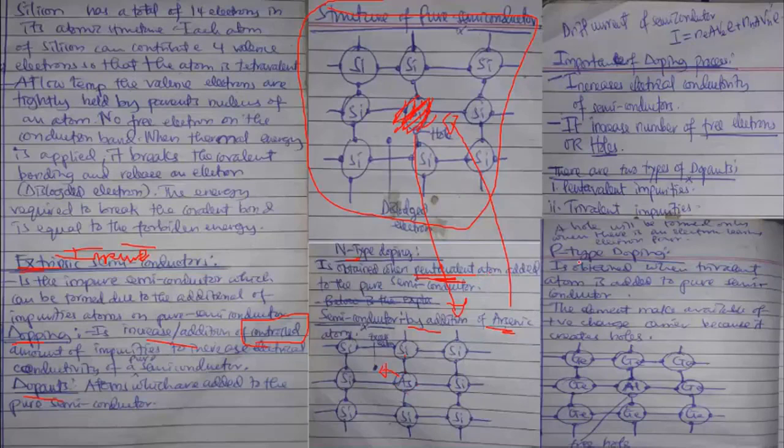We have p-type doping, in which, as the name suggests, its aim is to create a positive charge. But the most interesting thing here is that as far as these semiconductors are concerned, when we speak of positive charge, we don't speak of a proton.